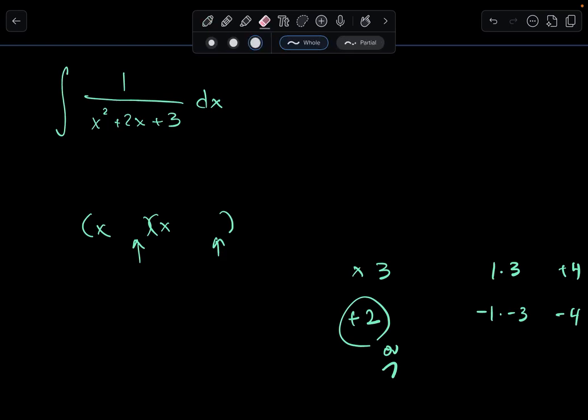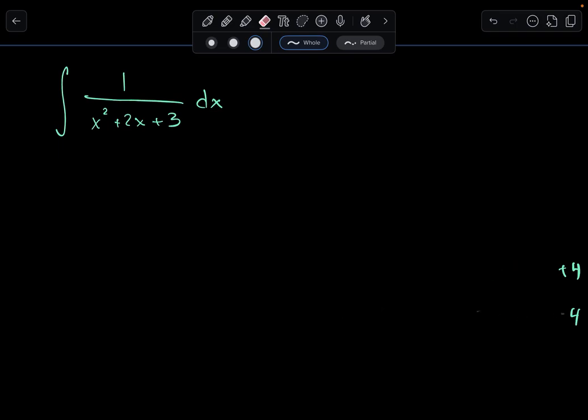So what do we do? Well, if you learned this in AB, you do something called completing the square. And I just want to illustrate kind of how that works, right? So what do I mean by a square? I mean something like this. We'll just use a little a there.